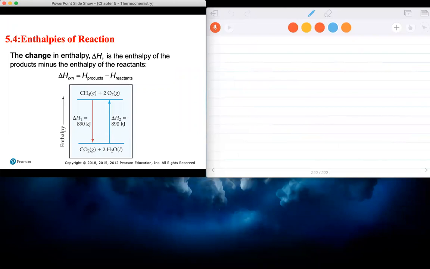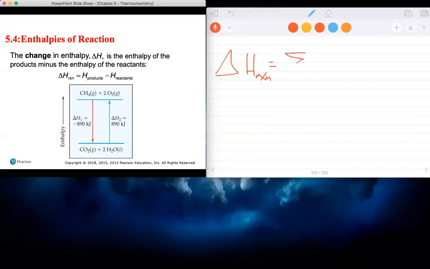Can be determined when you see the enthalpy of reaction here. Change in enthalpy of reaction. This means, look at the subscript. RXN stands for reaction. Enthalpy of reaction is given by, I don't like the equation the way it is here, but let me remodify this, right?